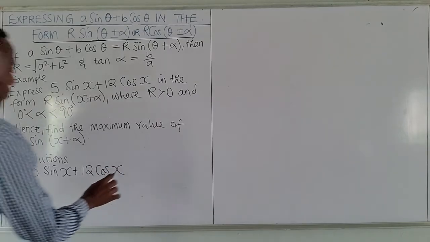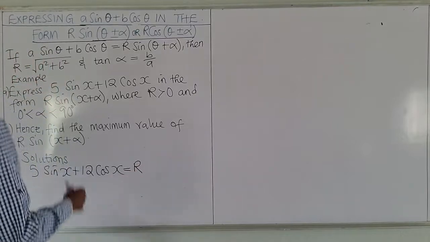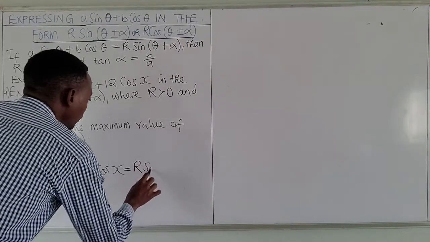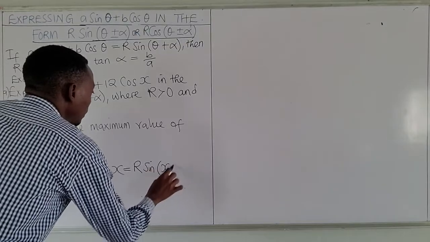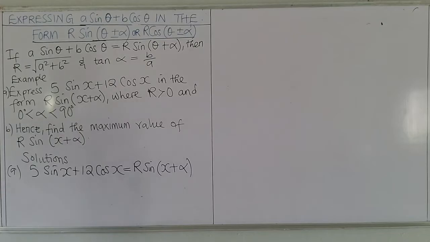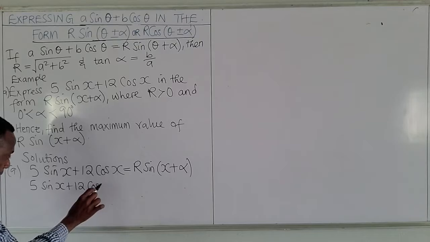You have been told it is equal to r sine of x plus alpha, since we have to express it in this form, we can equate it. Having done that, we proceed again: 5 sine x plus 12 cos x.